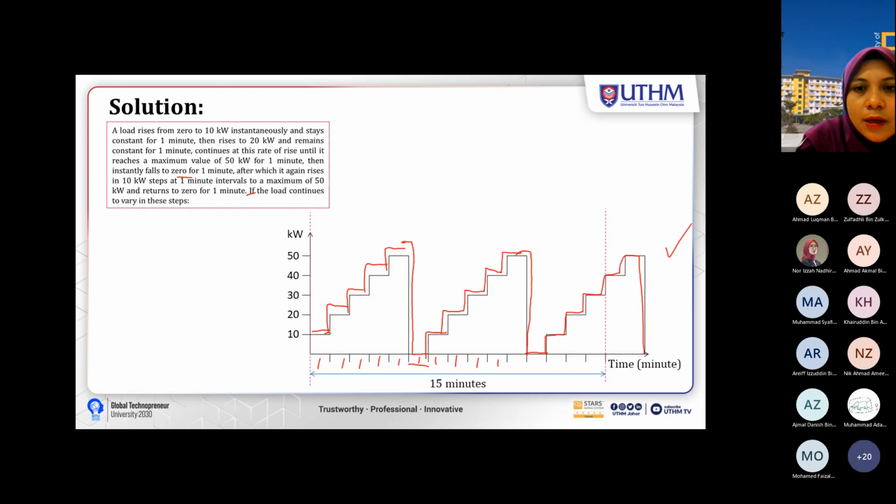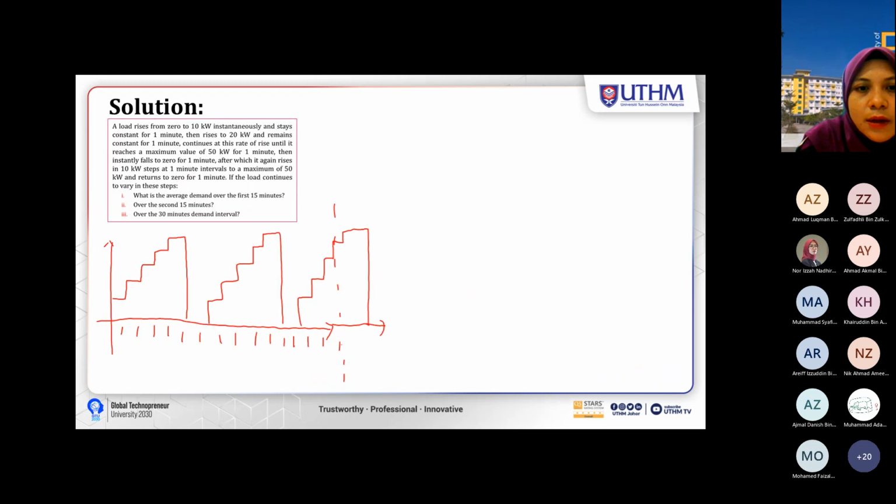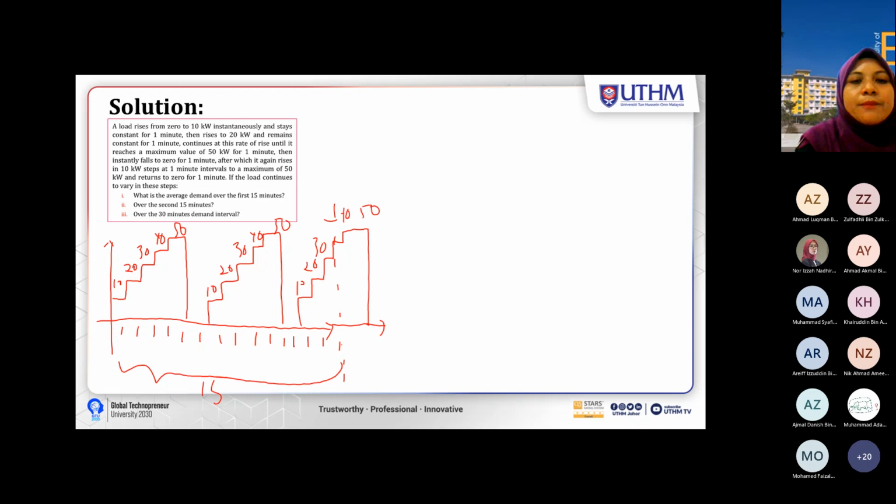Sama kan? Tengok balik. Alright. Okey, betul. So ini 15 minit interval. Yang ini ada 10, 20, 30, 40, 50. 10 balik, 20, 30, 40, 50. 10, 20, 30, 40, 50 kan?